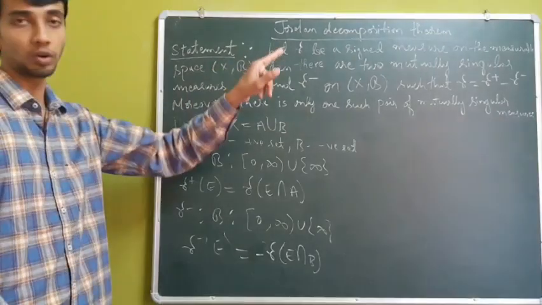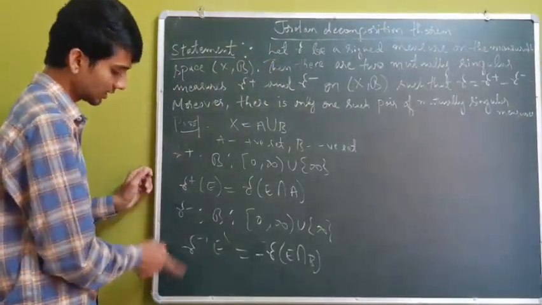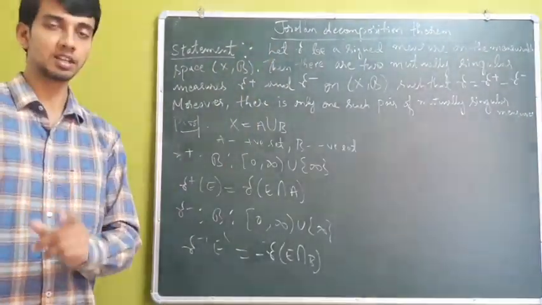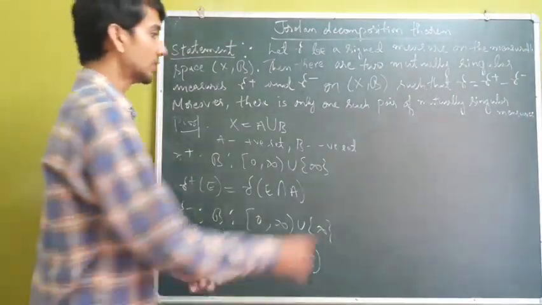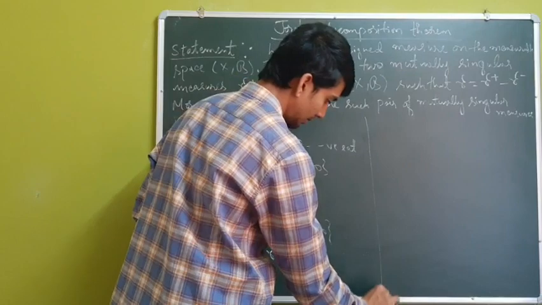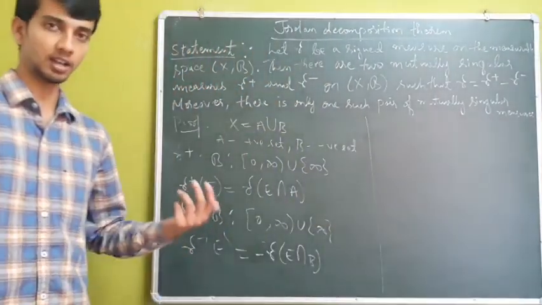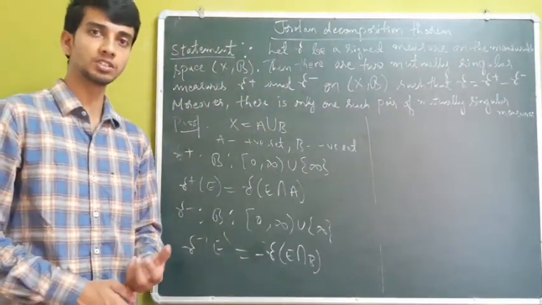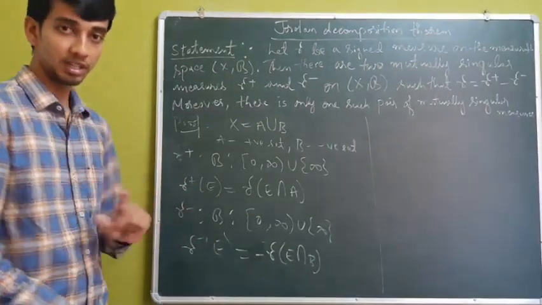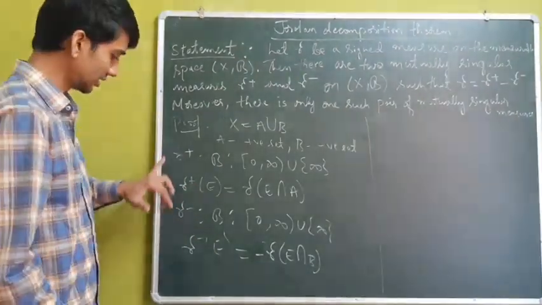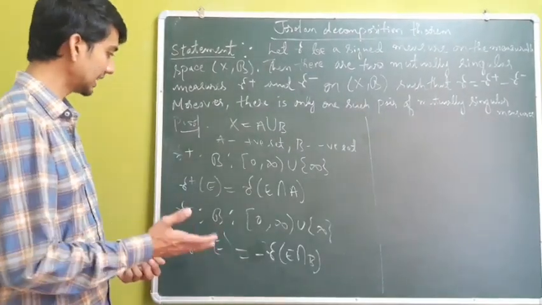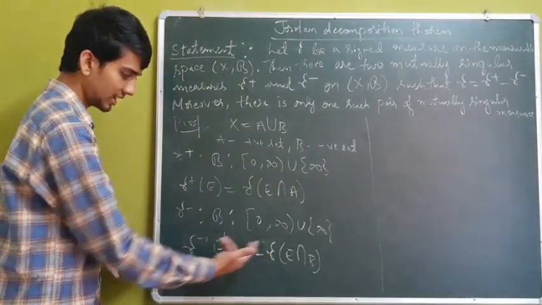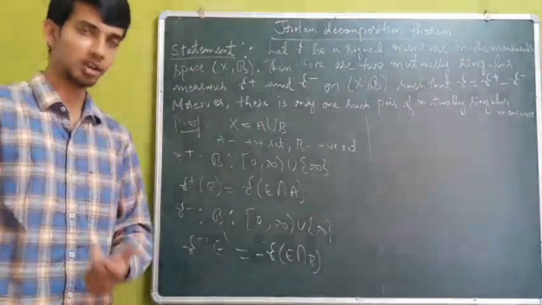In order to prove that, we need to show that they are non-negative extended real valued set functions, the measure of the empty set is 0, and that they satisfy countable additivity. For the first, clearly these two are non-negative extended real valued set functions.